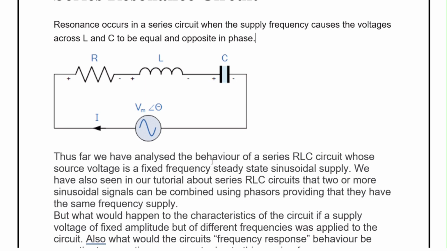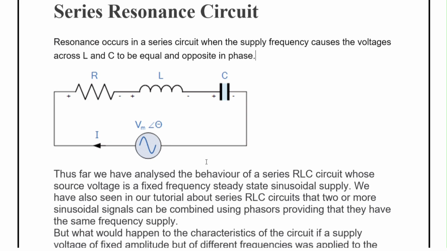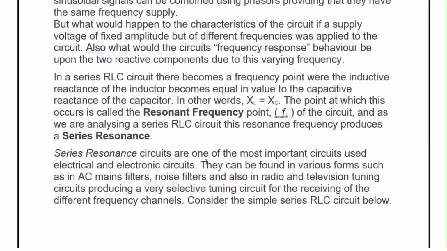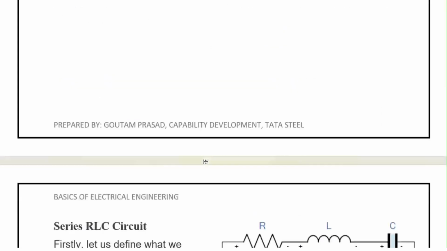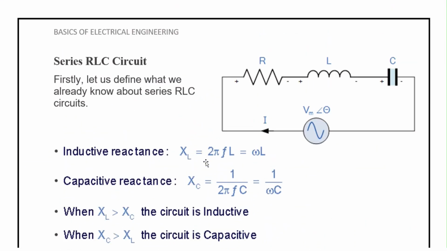So they will cancel each other, and the current will be limited only because of resistance in this circuit, and these two elements will disappear, or will not pose any kind of impedance in the circuit. So this is a pretty interesting situation, and we have to explore what happens in this case.